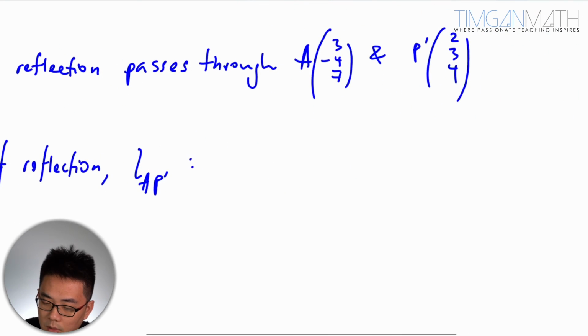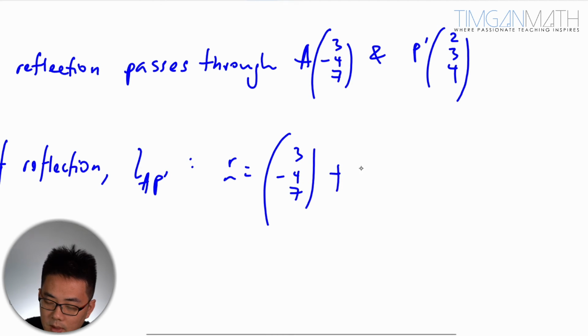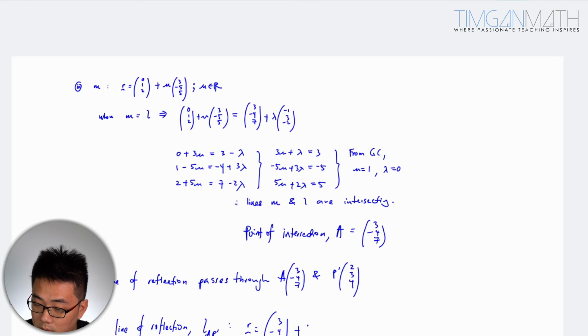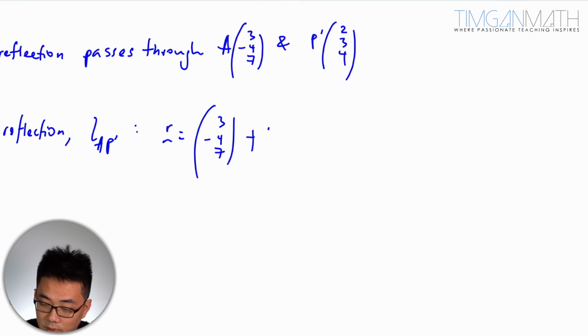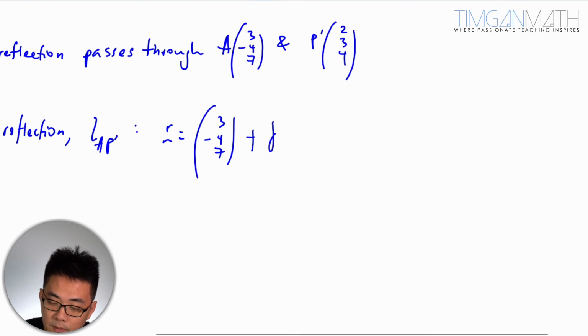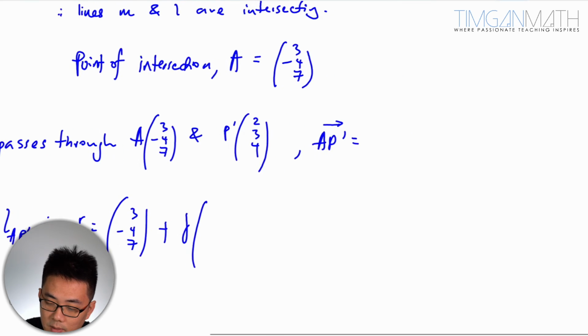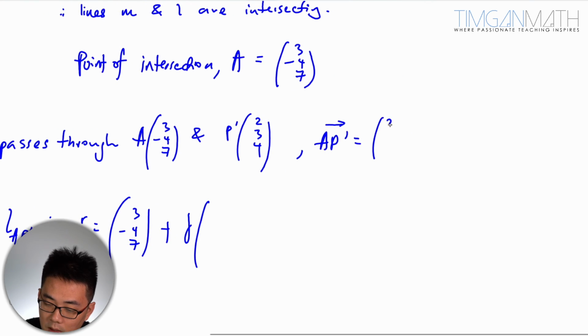It will be r equals 3, negative 4, 7 plus lambda. But I already used lambda and mu, and alpha is already used as well, so I'm going to use gamma. For AP prime, the direction will just be A to P prime, so this is 2, 3, 4 minus 3, negative 4, 7.